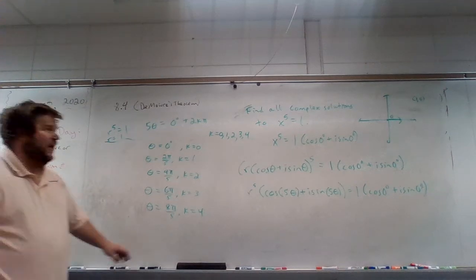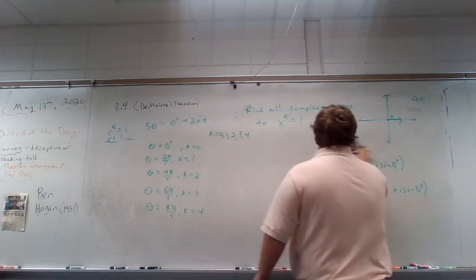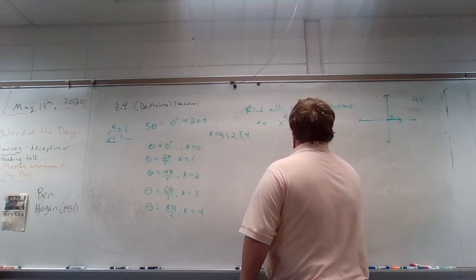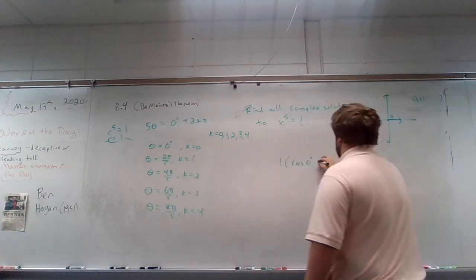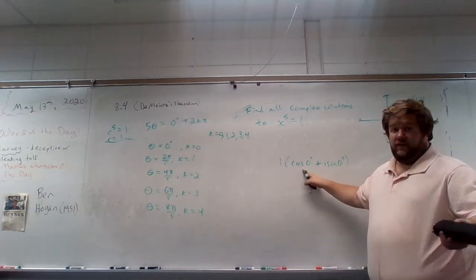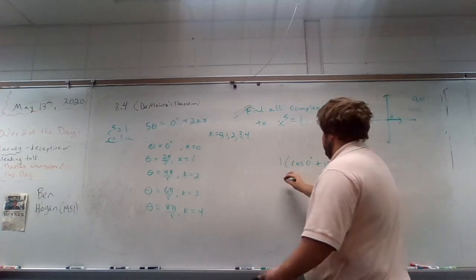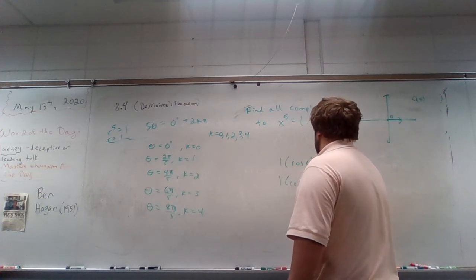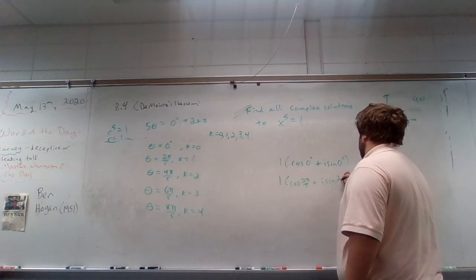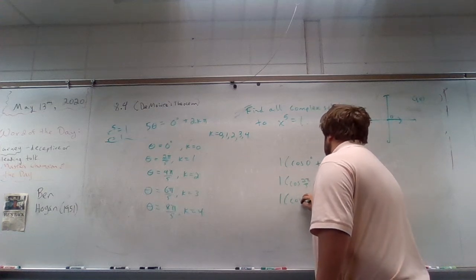So if I write out all of the complex roots, all the solutions to this equation, it would be 1 cosine of 0 degrees plus i sine of 0 degrees. That's really just 1, the number you would have guessed. But then you have these other 4: cosine of 2 pi over 5 plus i sine of 2 pi over 5, and so on.